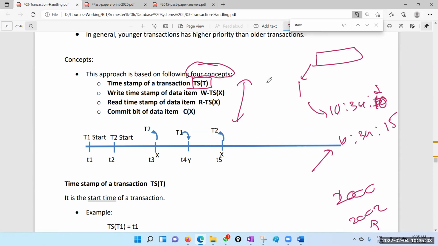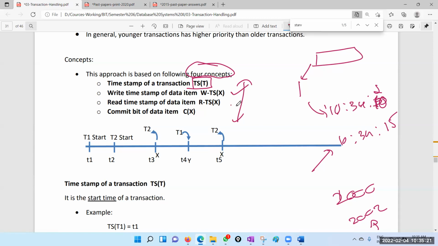So what is the timestamp of a transaction? When someone says timestamp of a transaction, it means the starting time of that transaction. The database management system keeps track of the timestamp of each and every transaction. Then we have the write timestamp of a data item.